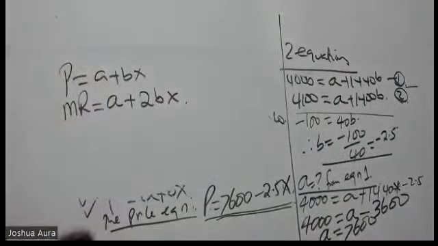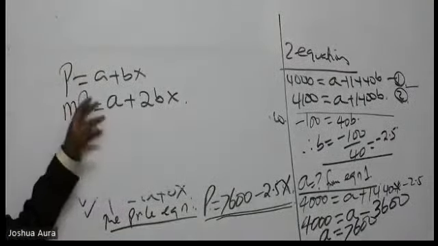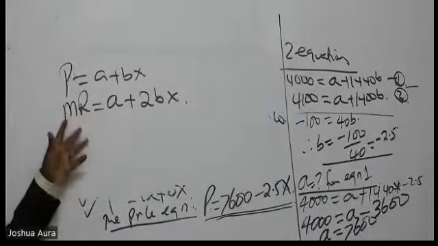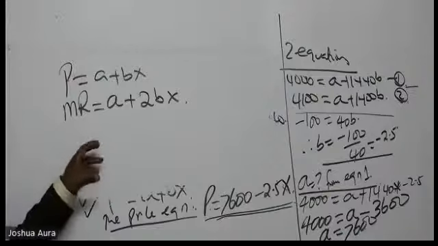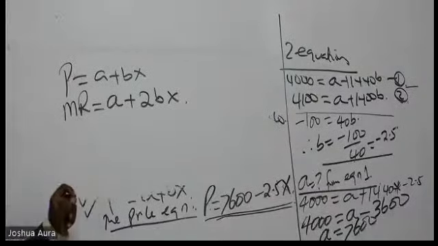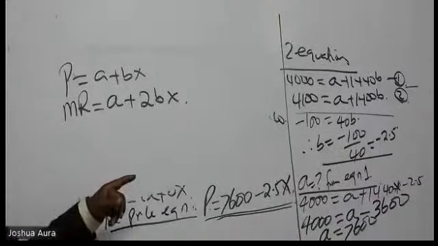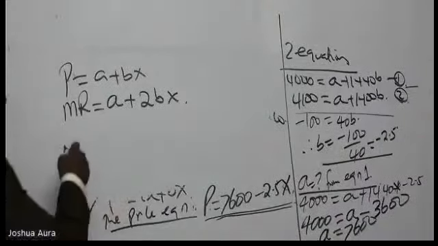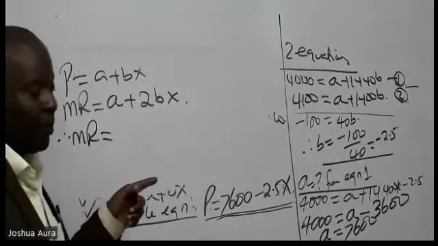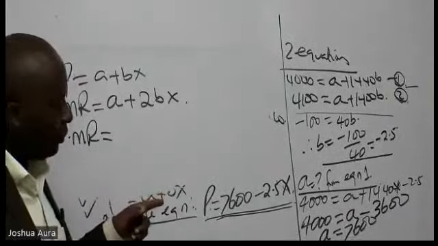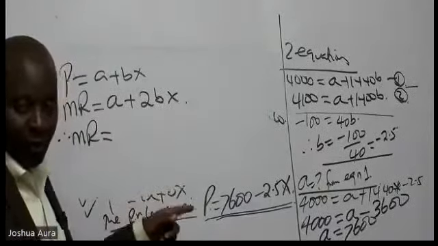In my class, I must have told you that if price is A plus BX, then marginal revenue, you can take this shortcut, is A plus 2BX. Now, in this question, do we know what our A is? 7,600, isn't it?